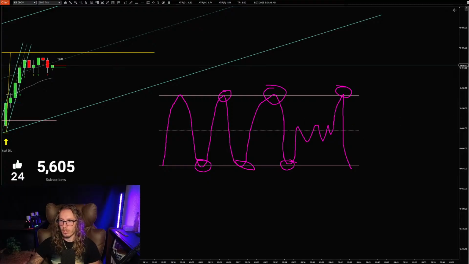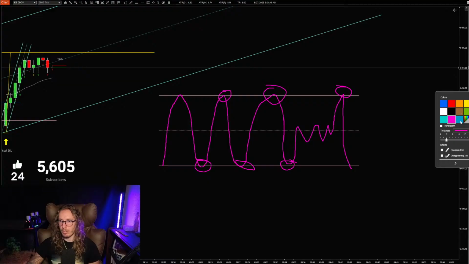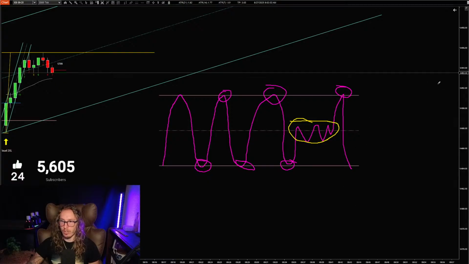But we want to avoid taking trades in those areas. You see what I mean? We want to avoid that. So it doesn't really change on a trend. So you've got to be careful with this sort of thing.